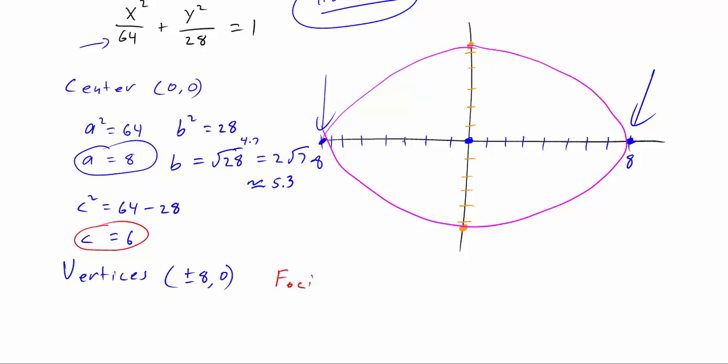So 1, 2, 3, 4, 5, 6 at negative 6, and 1, 2, 3, 4, 5, 6 at positive 6. Once again, the x value would be positive or negative 6, and the y coordinate would be 0.